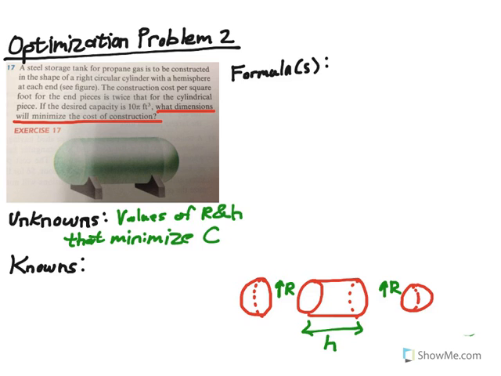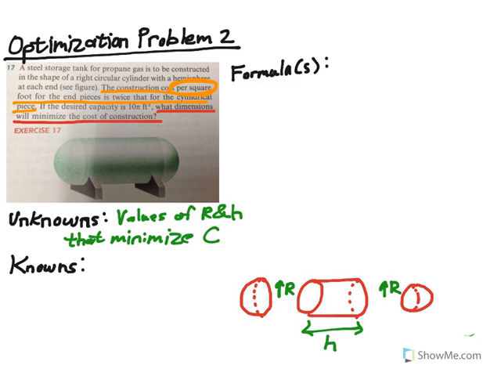All right, what do you know? Well, aside from the shape, it says that the construction cost per square foot for the end pieces is twice that for the cylindrical piece. And one of the key terms here is per square foot. Whenever you see the word per, that implies a proportionality.